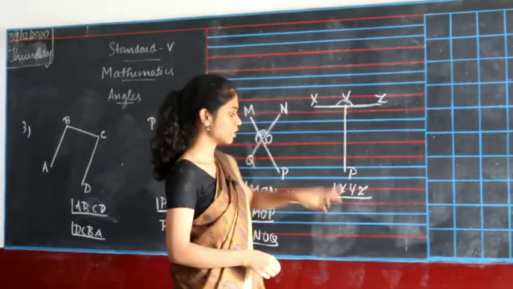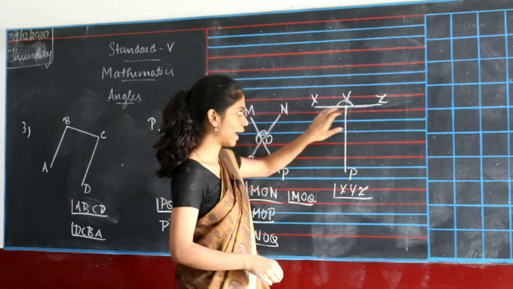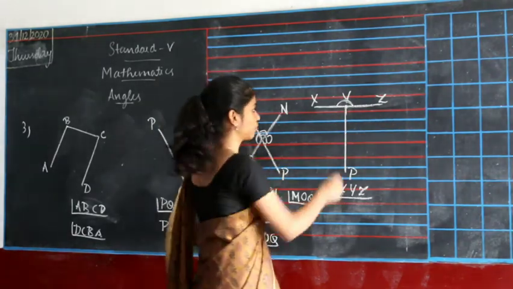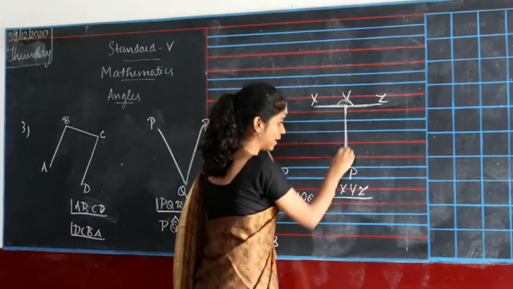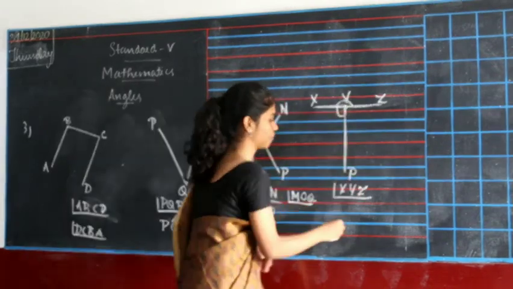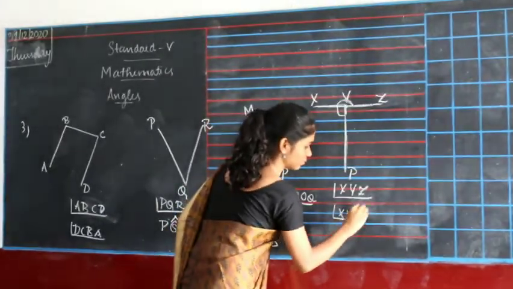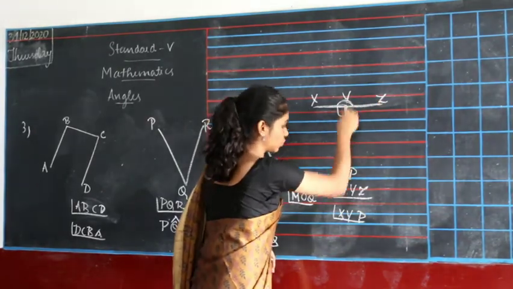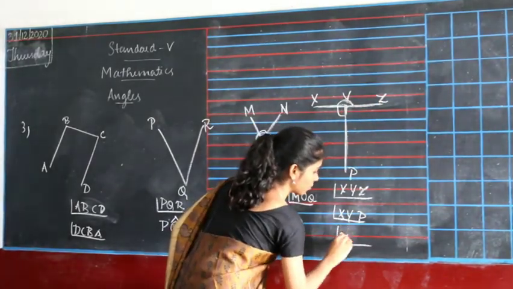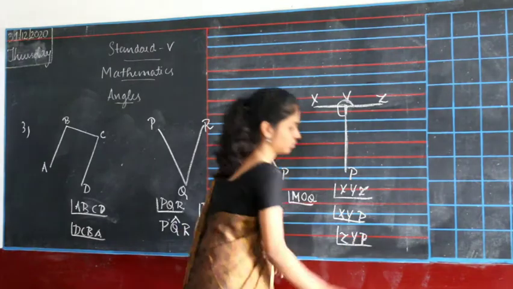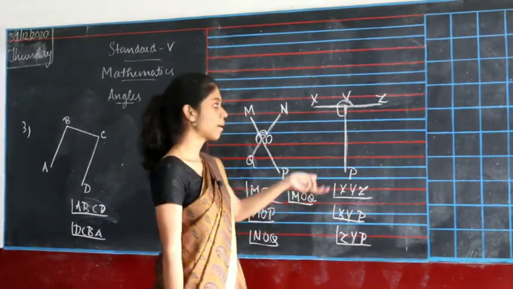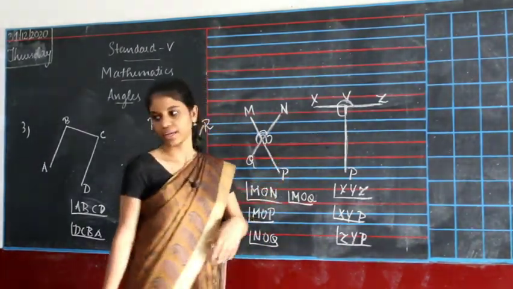The center must be in center. We have to write like a continuous one. So now this can make angle like this also. Okay. So now X, Y, P and like this also. So Z, Y and P. These are the angles made by T.